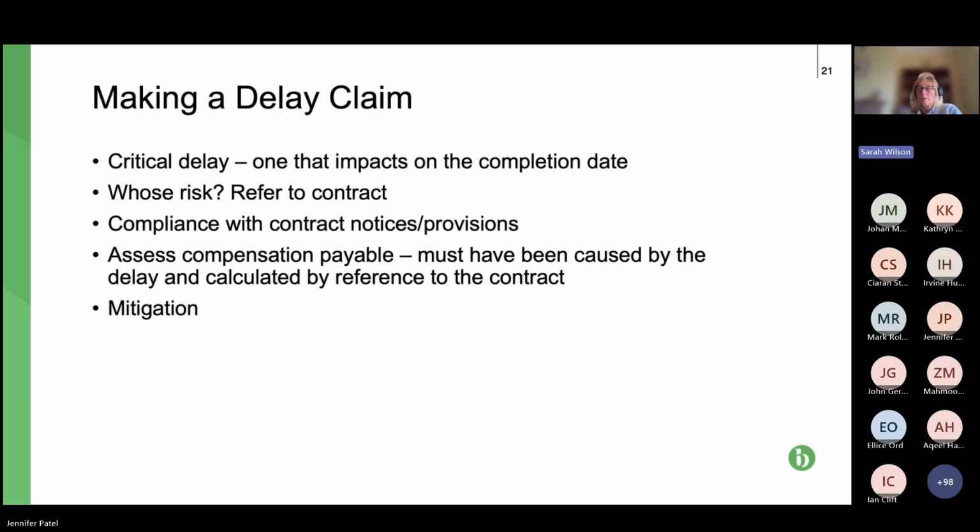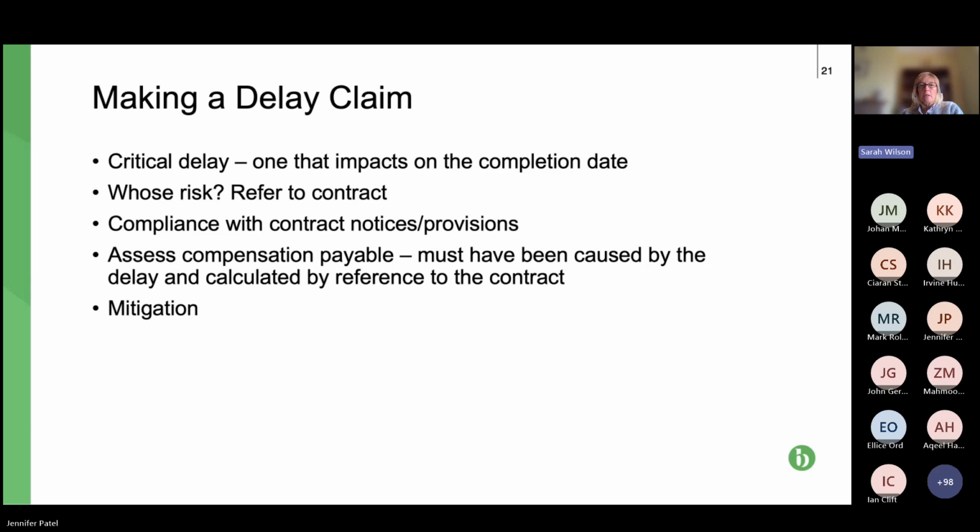We're looking at critical delays throughout the project, having impacted on the completion date, because of course not every delay impacts on the completion date. There are a lot of delays on construction projects where you can have a delay, but it doesn't impact on the critical delay.